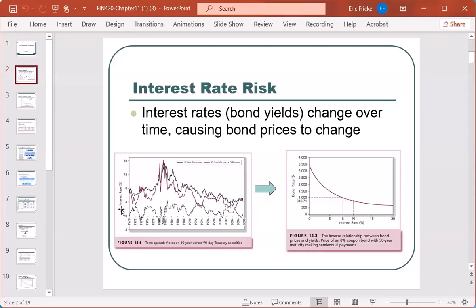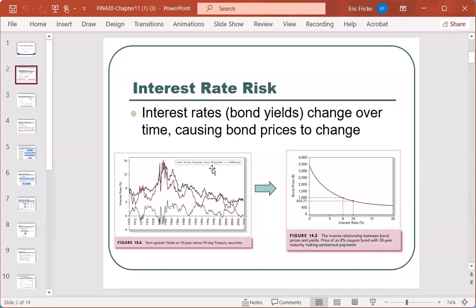On the slide here on the left-hand side, what this shows is interest rates or yield to maturity from about 1970, it looks like, to about 2008. It has three lines. The black line is the 10-year treasury yield to maturity, so like 10-year treasury notes.